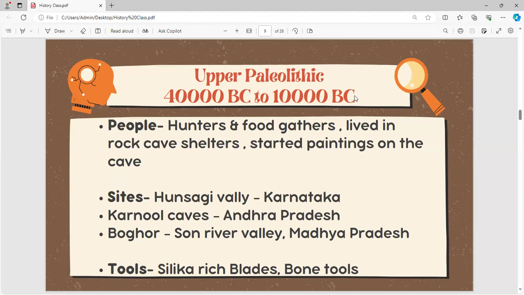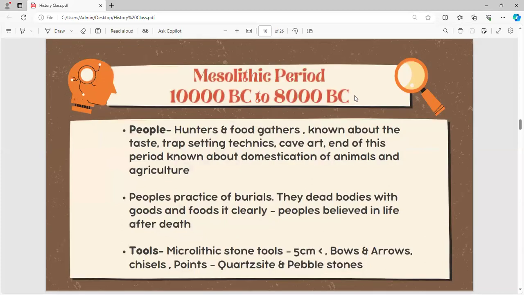Next, we are going to study the Mesolithic period. In this Mesolithic period, from 10,000 BC to 8,000 BC, people lived their life as hunters and food gatherers, and they also knew about food taste and how to set a trap for hunting.